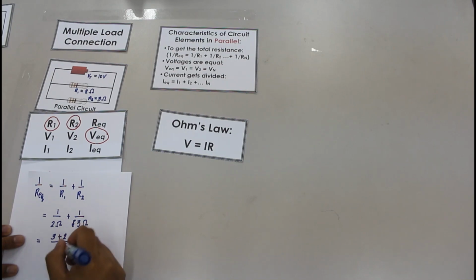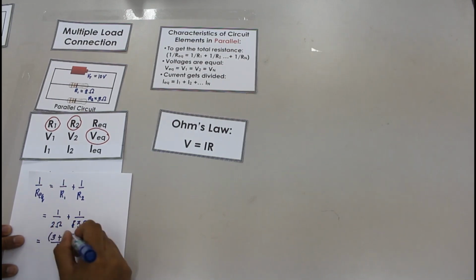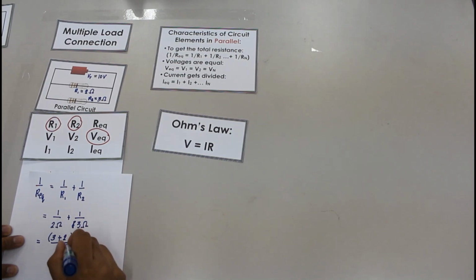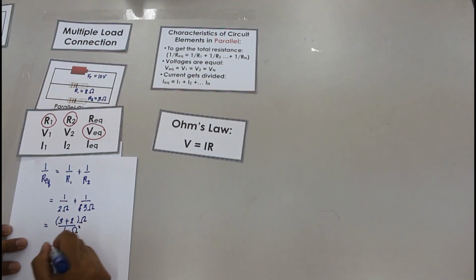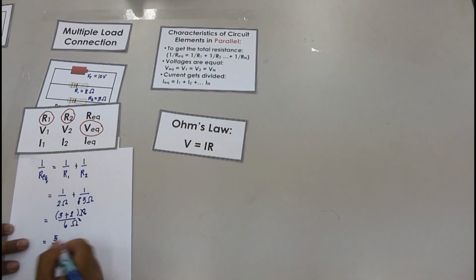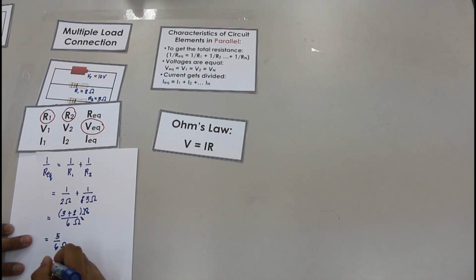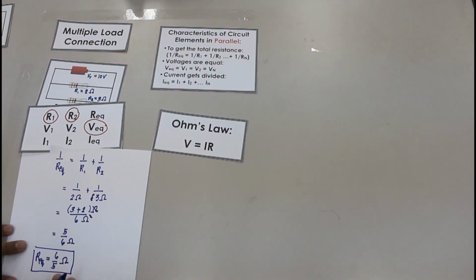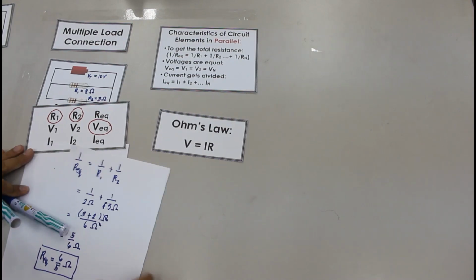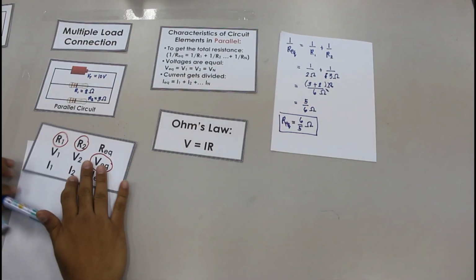And we note our unit. So this is ohm here and this is ohm squared here. So this results to 5 over 6 ohm, because this one will be cancelled. So the resulting R equivalent will be the reciprocal of this value, which is 6 over 5 ohm. So we're able to solve for the R equivalent, and we can now encircle that value here in our guide.